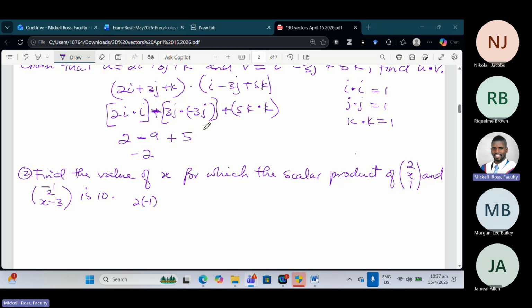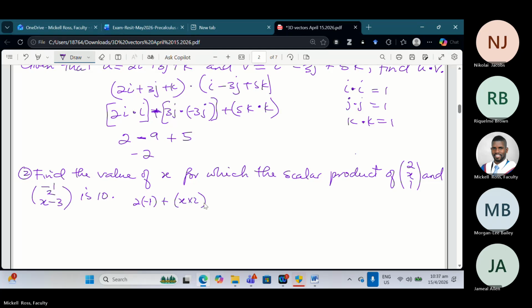All right, not a problem. So 2 times -1 is -2, plus 2x plus x minus 3 equals 10. -2 and -3, that's -5 on these two.